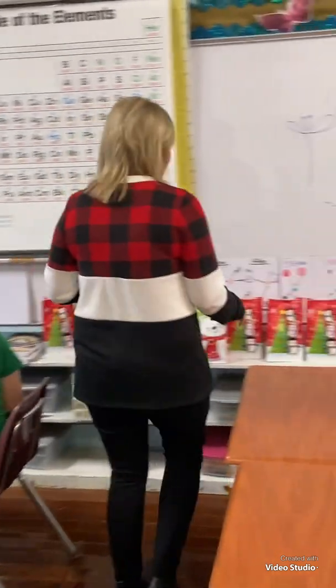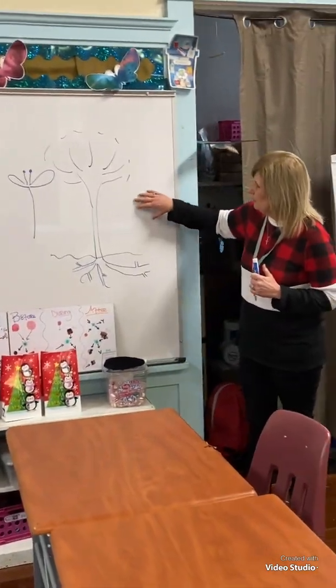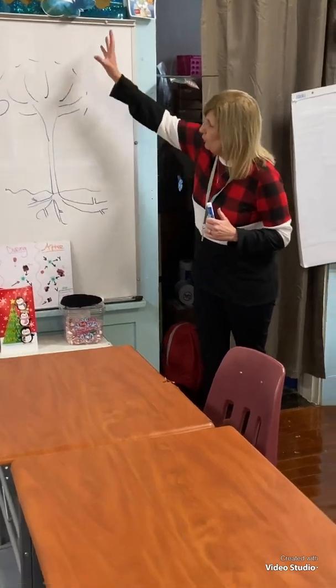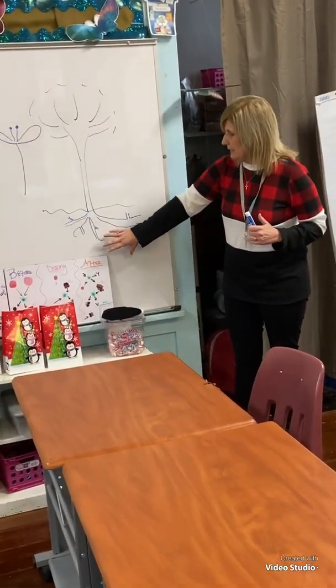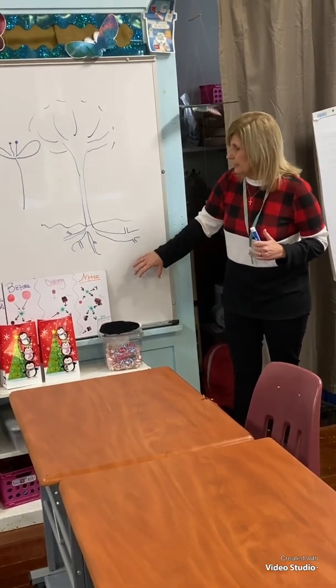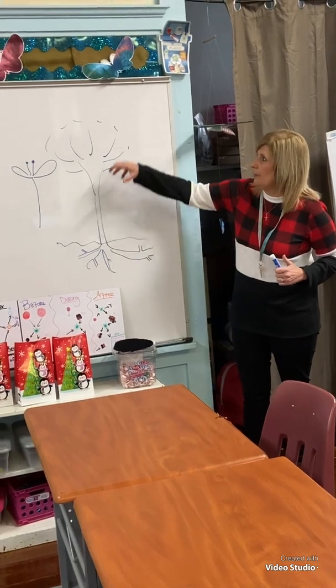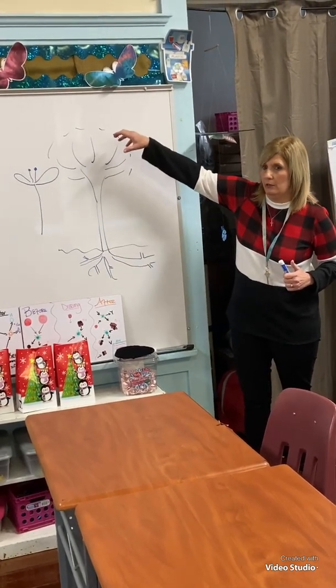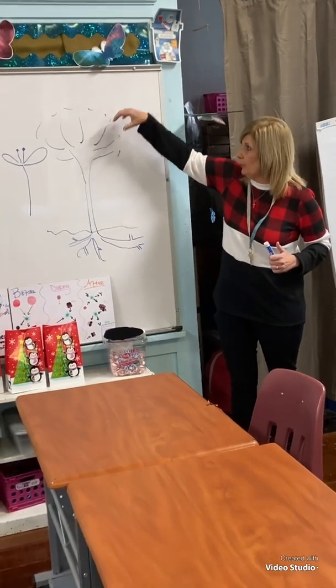And on the board, I have a tree and a flower. Excuse my drawing here, but so the rain comes down and the water gets into the soil, it's absorbed into the roots, and it travels up the tree into the stem, into the branches and the leaves. Jonathan?